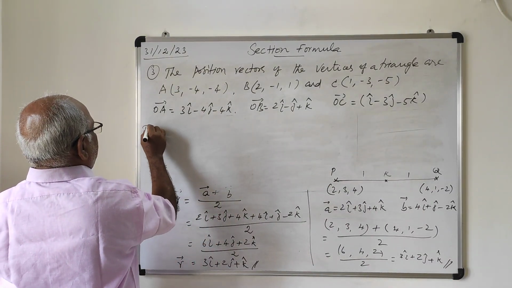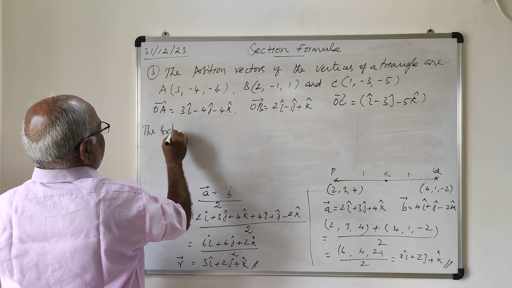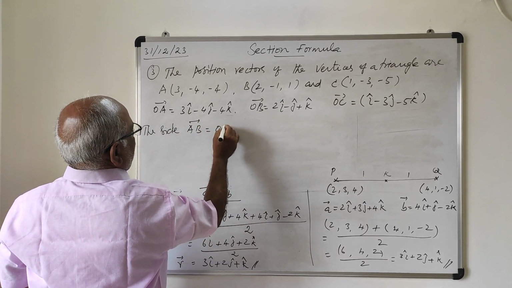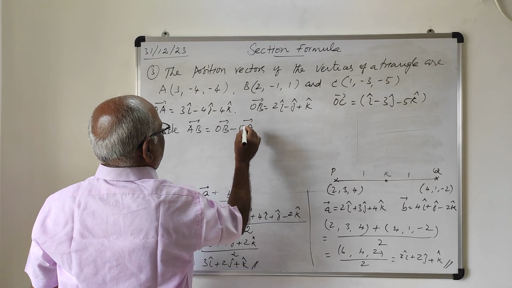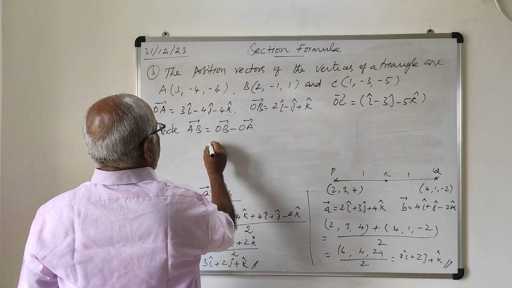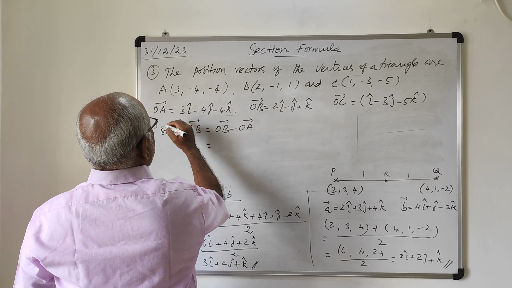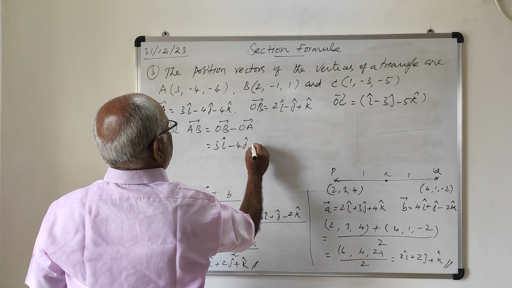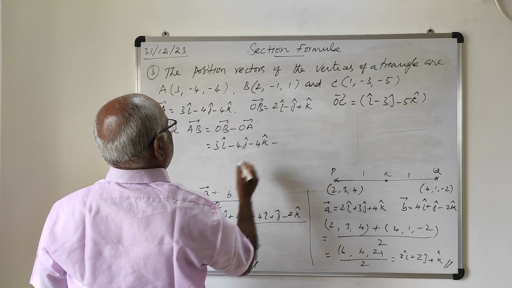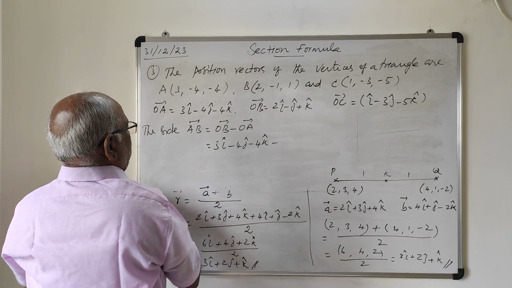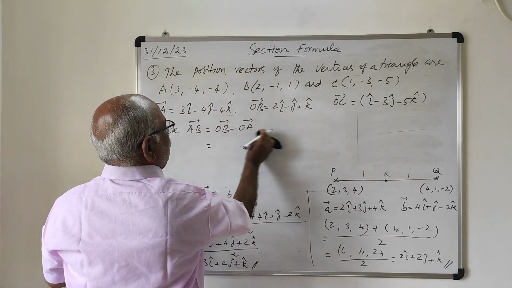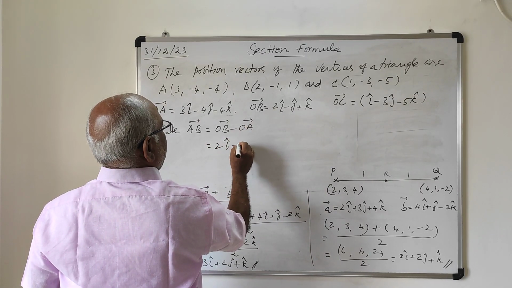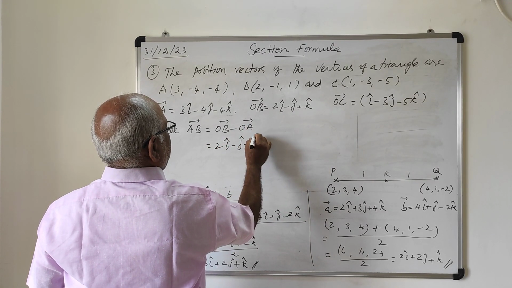The side AB, the AB vector, equals OB minus OA. OA is 3i minus 4j minus 4k, and OB is 2i minus j plus k.